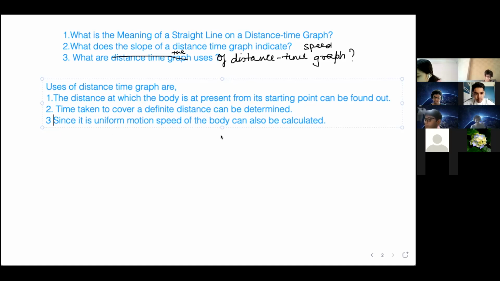Okay, so if it is uniform, 3 points you have written. Uses of distance time graph. 1, 2, 3 is the answer of the third, yes.